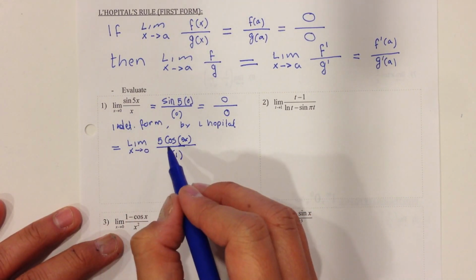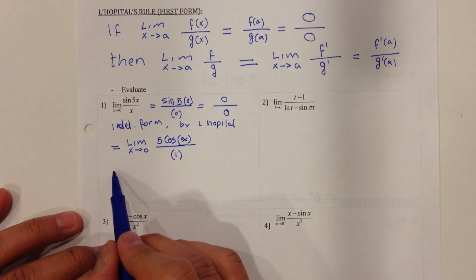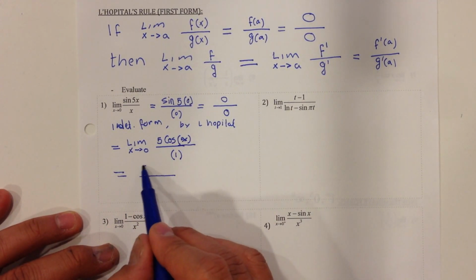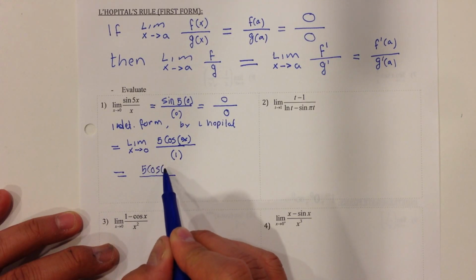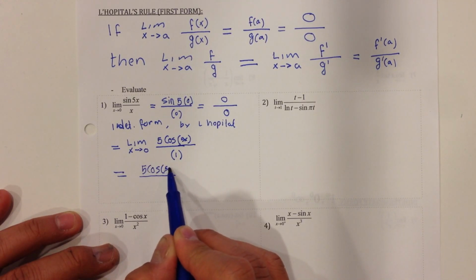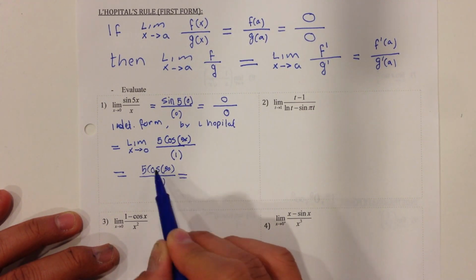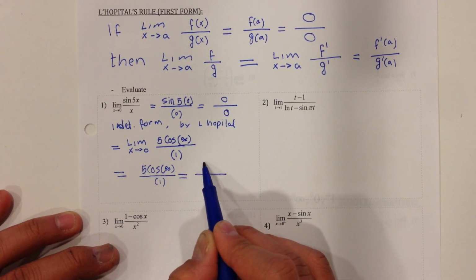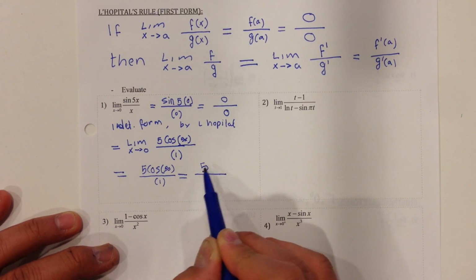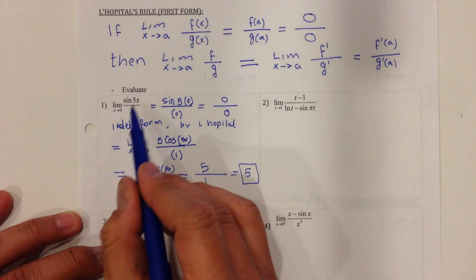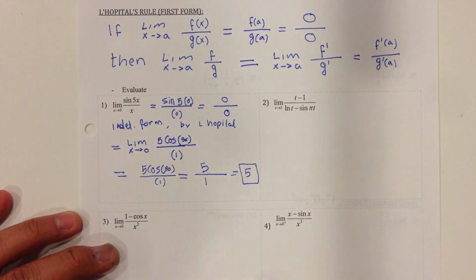The derivative of x is 1. And then we plug 0 in. By plugging 0 in, I get 5 cosine of 5 times 0 over 1. Cosine of 5 times 0 is cosine of 0, which is equal to 1, and that's why I get 5 over 1, which equals 5. So the limit of this expression is equal to 5.